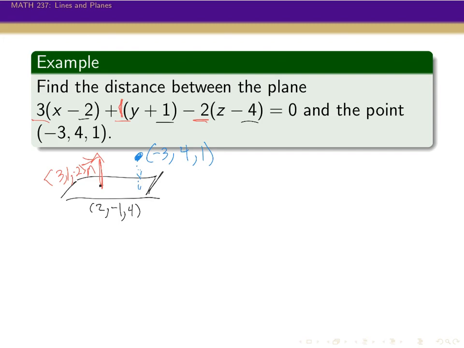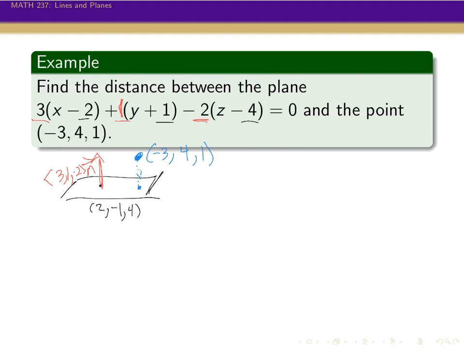Well, one way to do this would be to try and figure out what we know. One point on the plane, 2, minus 1, 4, but it's not necessarily directly underneath. It's not necessarily the point on the plane that's closest to this, right? And so one way to figure it out is to try and figure out what is that exact point right there. But that sounds a little bit tedious. So is there something else we can do?